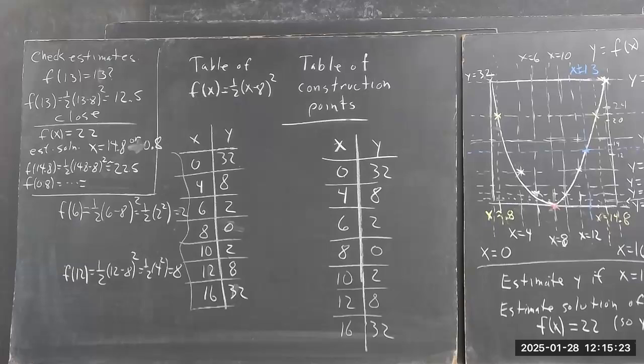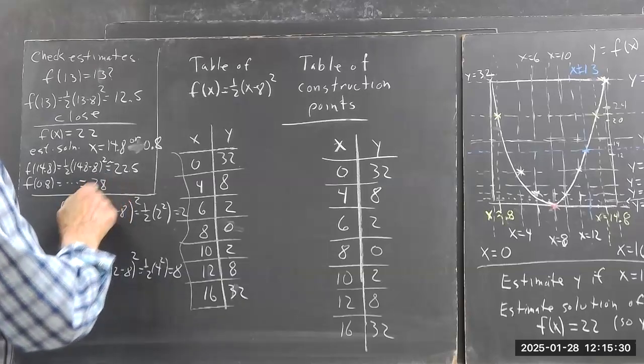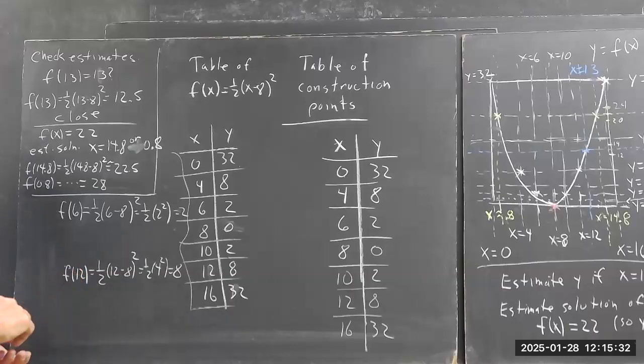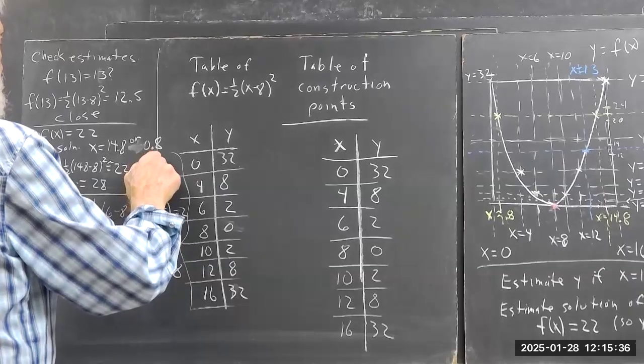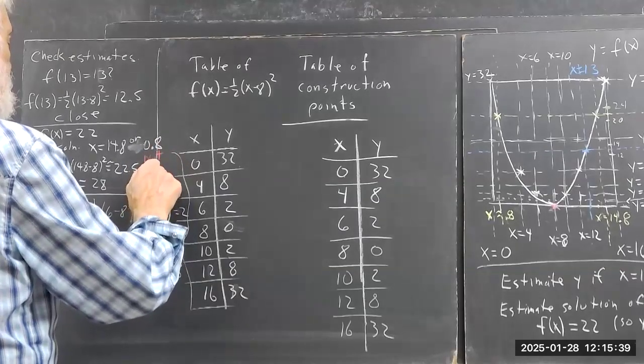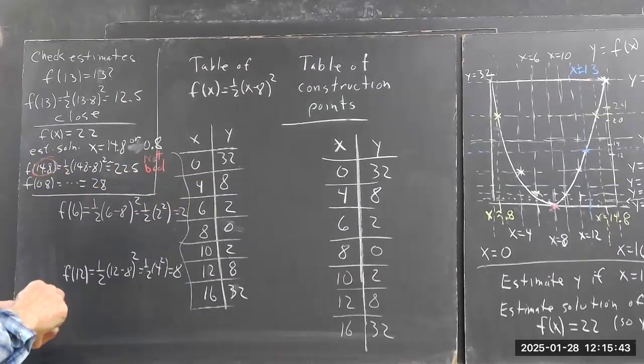And 7.4 squared would be about 55, and half of that is about 27 or 28. I'm going to say 28. Okay, so this one was not bad. And my 14.8 was not bad.